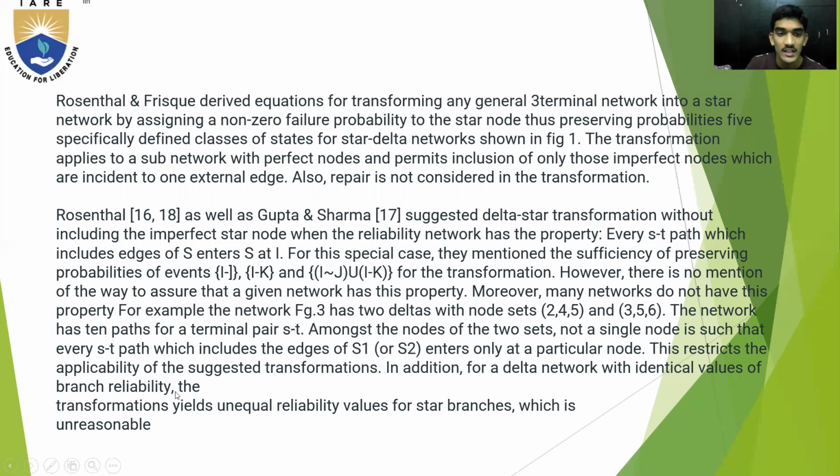This restricts the applicability of the suggested transformations. In addition, for a delta network with identical values of branch reliability, the transformations yield unequal reliability values for star branches, which is unreasonable.